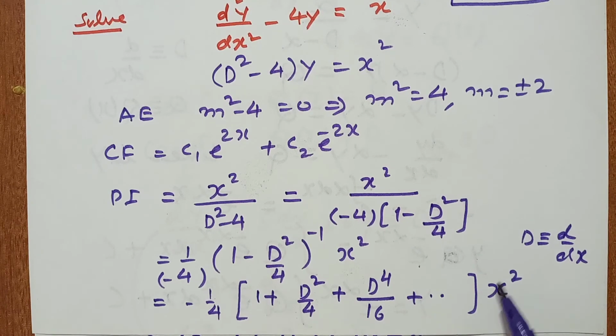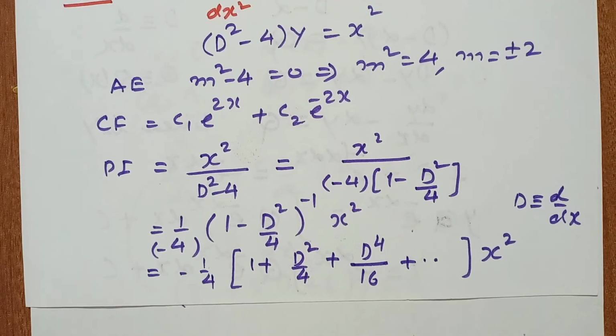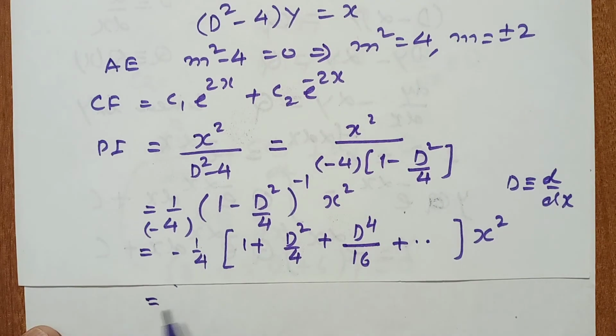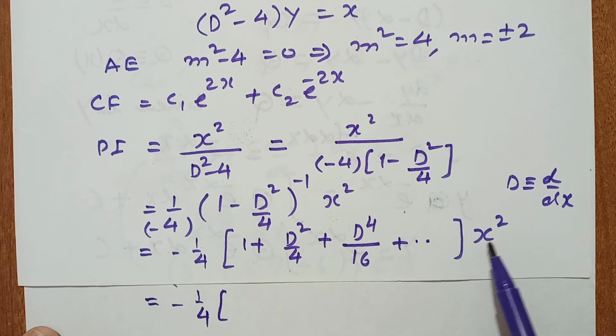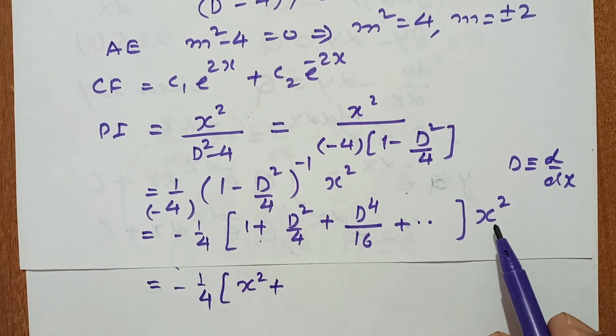Since here x square, so only differentiation is possible 2 times, okay. So this can be written as minus 1 by 4, we operate on the first term, so x square plus d2 upon 4 x square, means differentiation of x square 2 times.